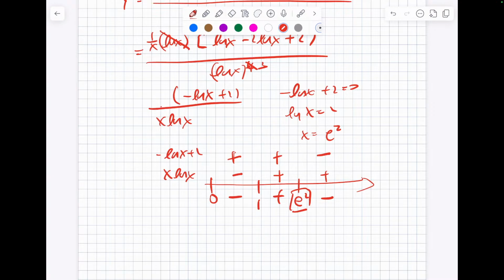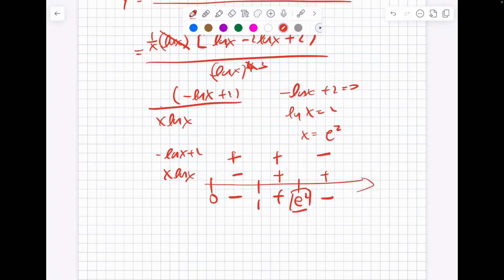But how about 1? I don't think 1's an inflection point.